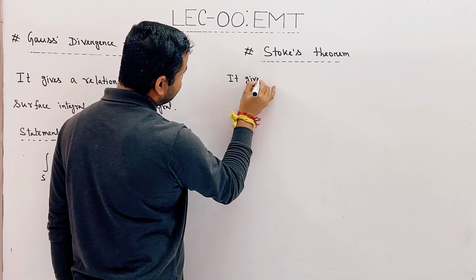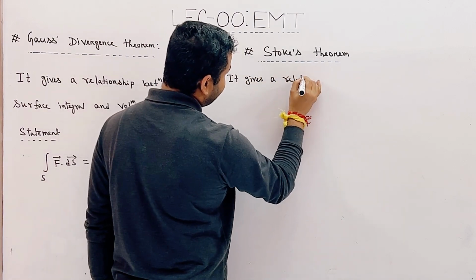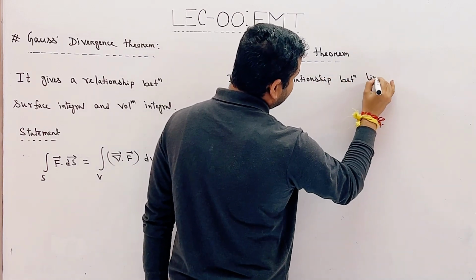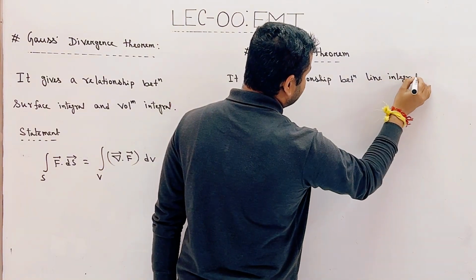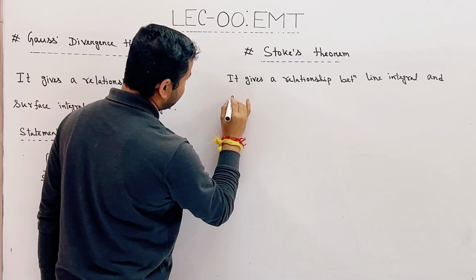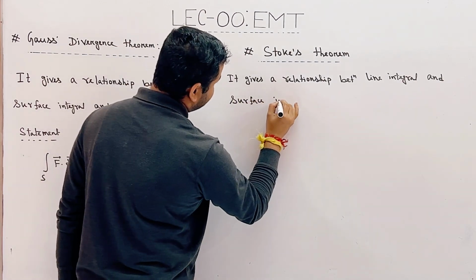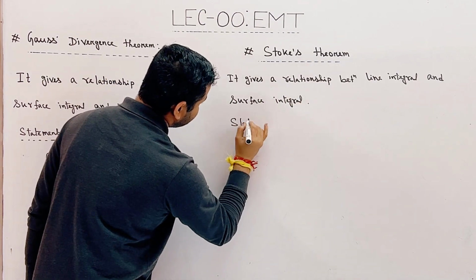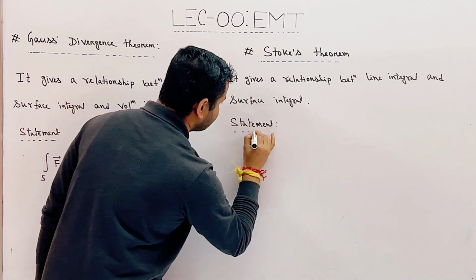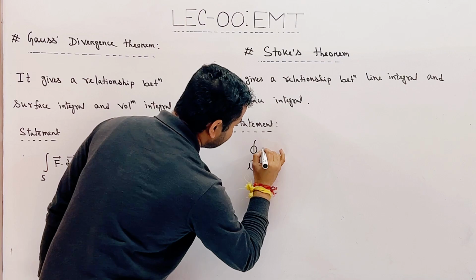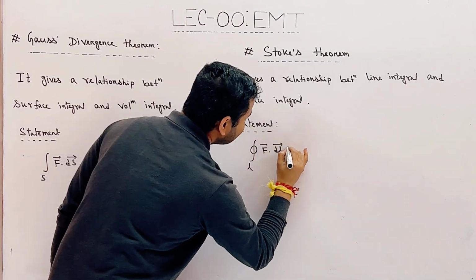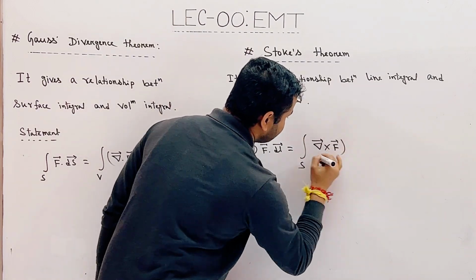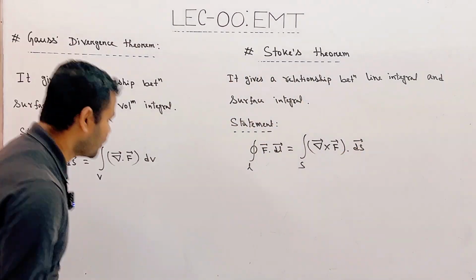It gives a relationship between line integral and surface integral, and according to this theorem, line integration of F dot dl is equal to surface integration of curl of F dot dS.